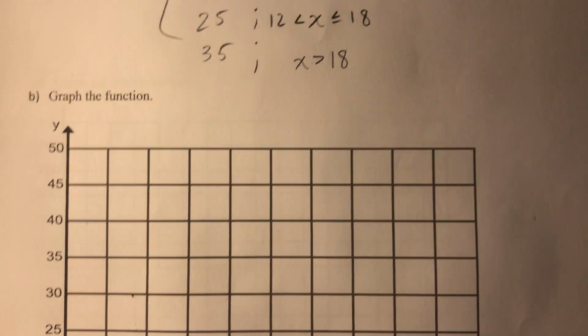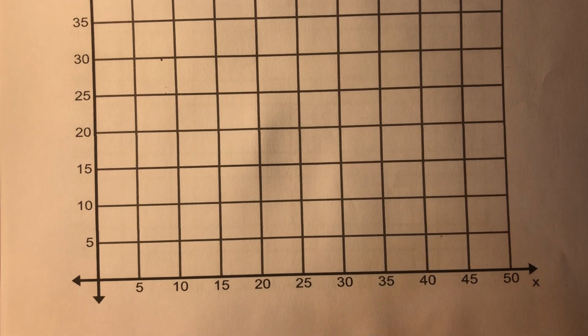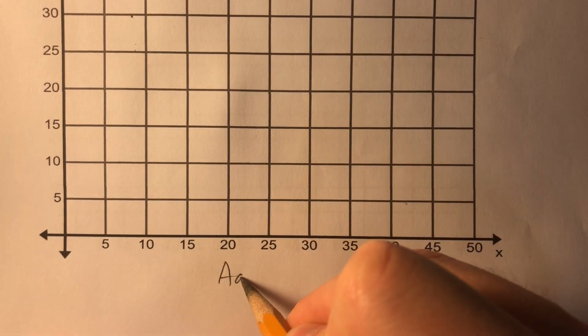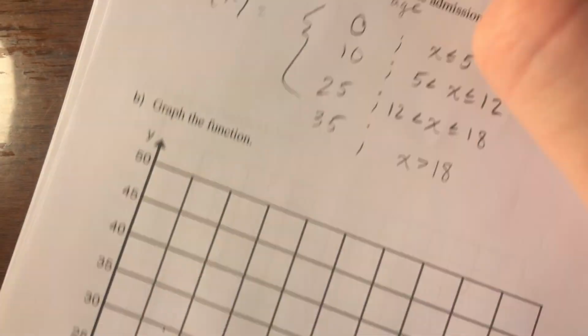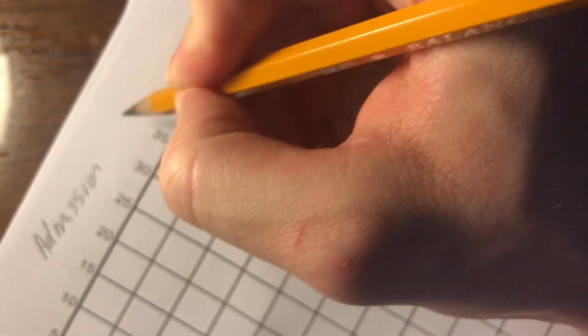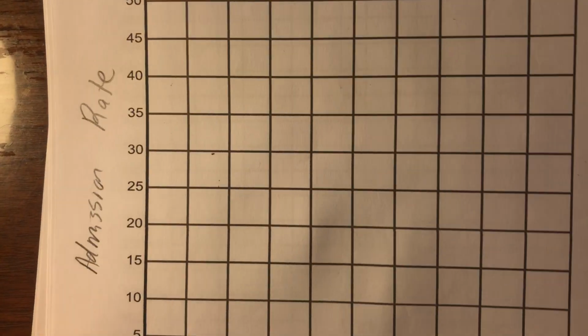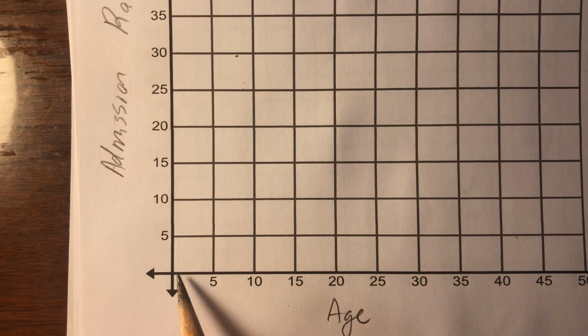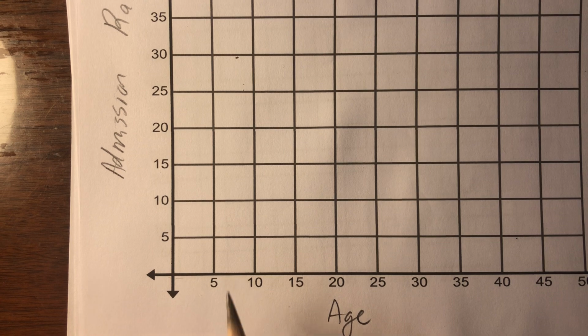All right, but it's a step function. It's an important topic. So I'm going to label my axes where X is age and Y is admission rate. All right, so my first function is going to be equal to 0 between a domain of 0 and 5.